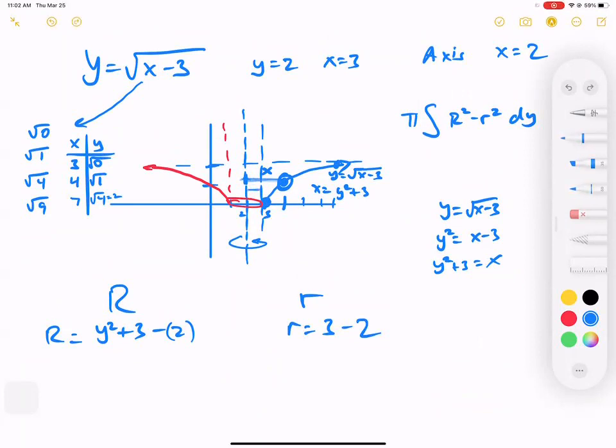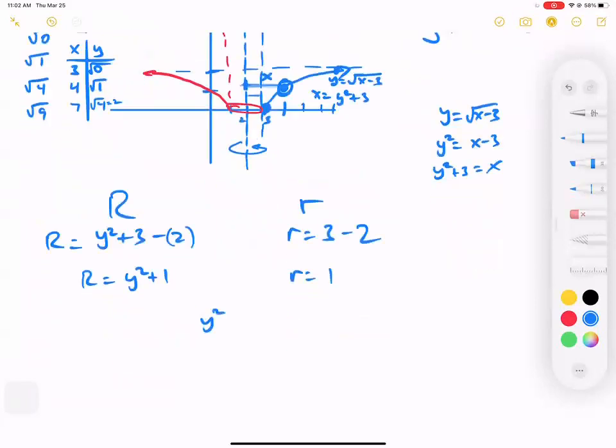So our big R is y squared plus 1. Our little r is 1. Now please do not do this. Don't be like, oh hey, it's going to be y squared plus 1 minus 1. This is absolutely wrong. Because in our setup, it's the pi integral of R squared minus r squared.